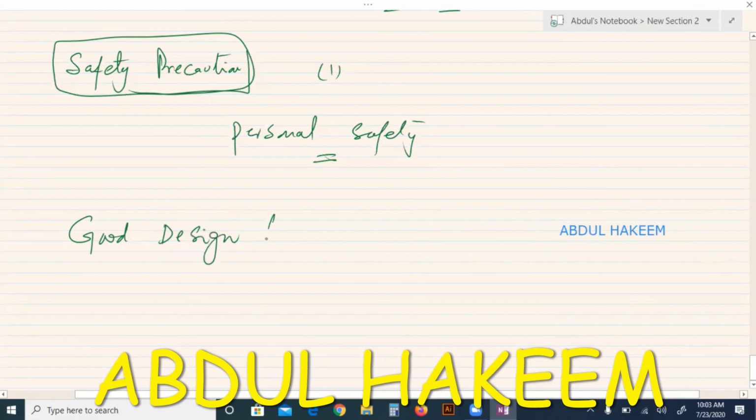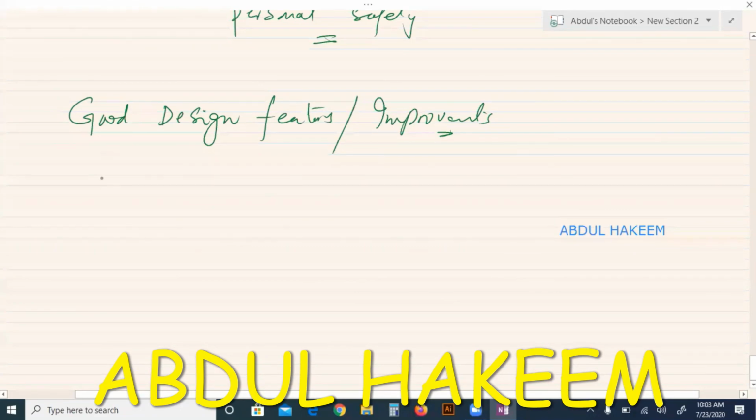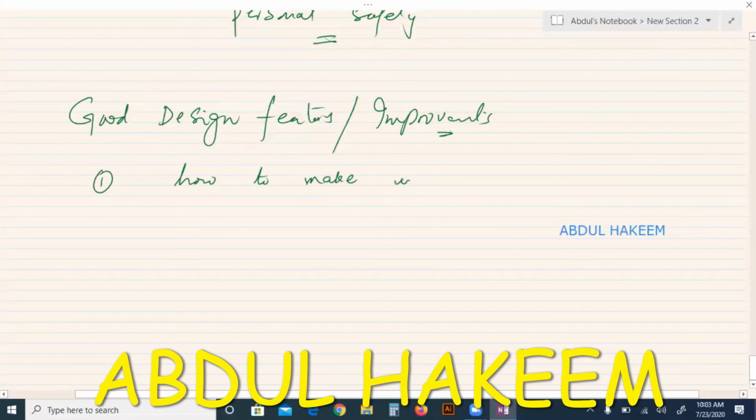And the last is good design features, or you can write even improvements. So number 1 is usually written about the dependent, how to make dependent variable measurable.